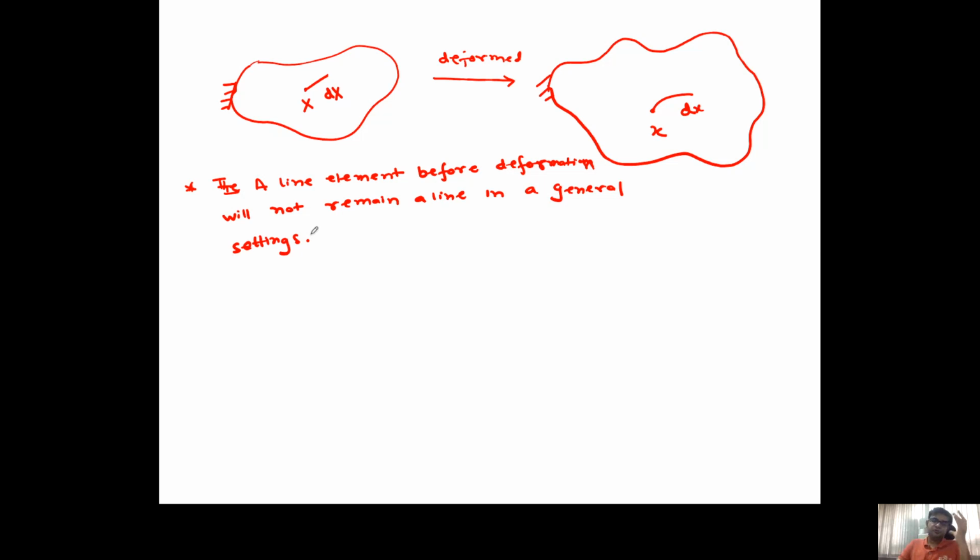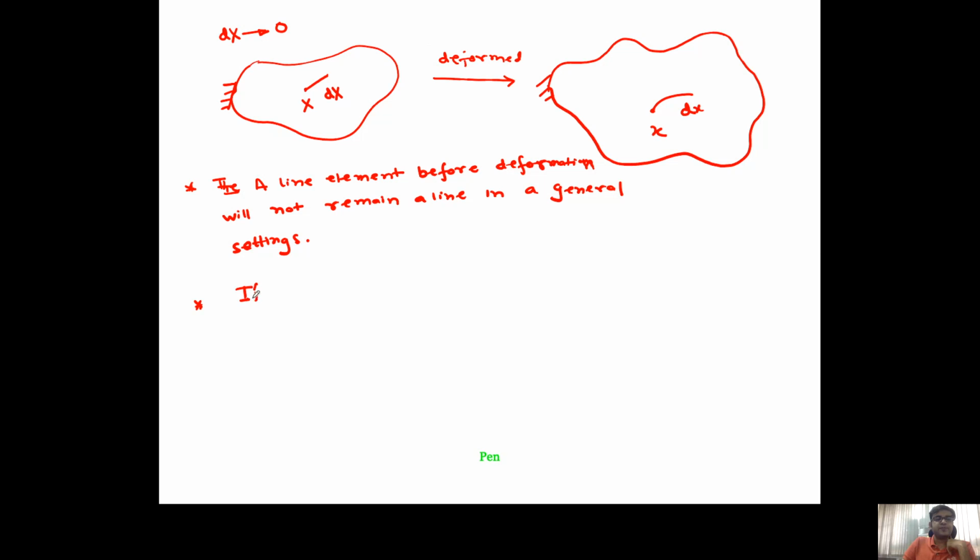But now, if we impose a limiting condition, and the limiting condition is dX is very small, so dX tends to 0, then the deformed curve can be viewed as a line because this is very small.